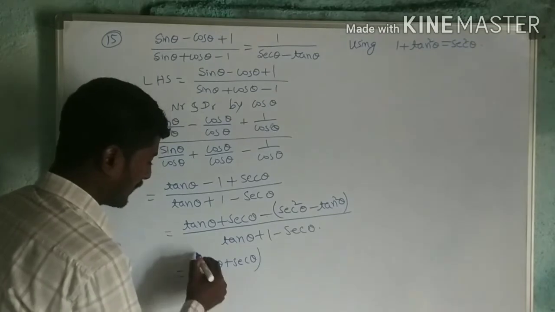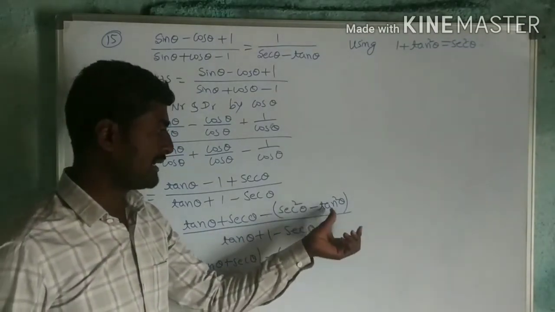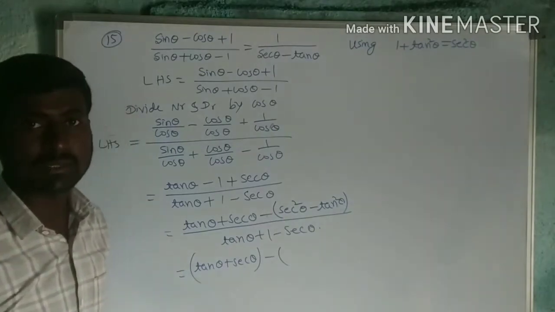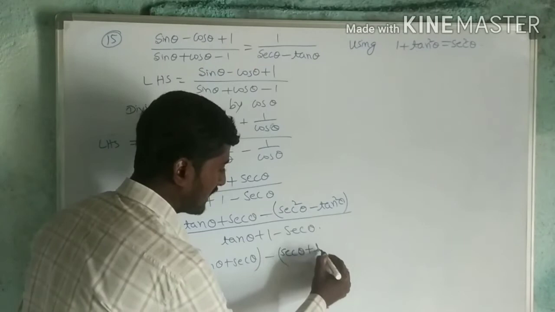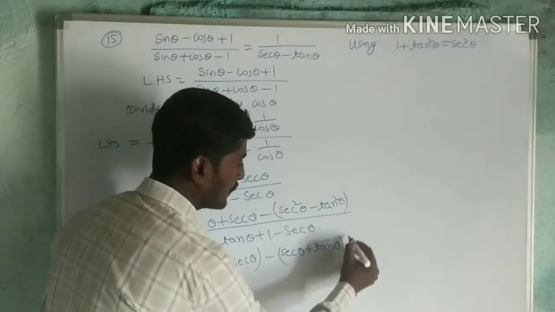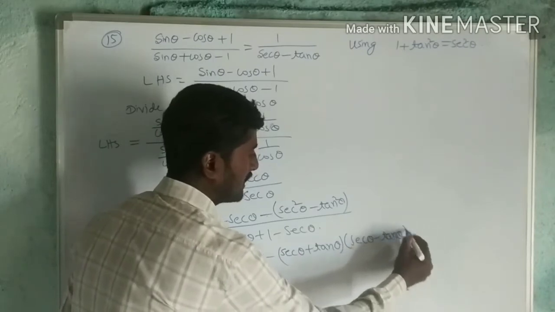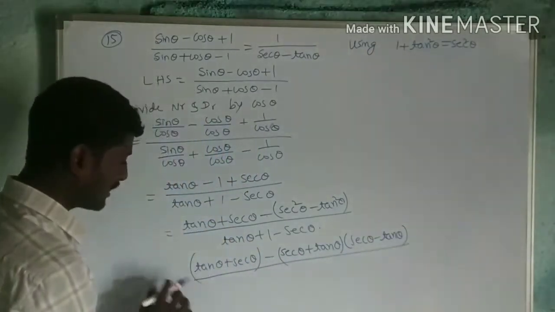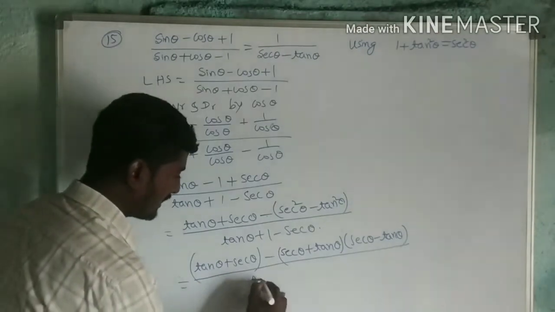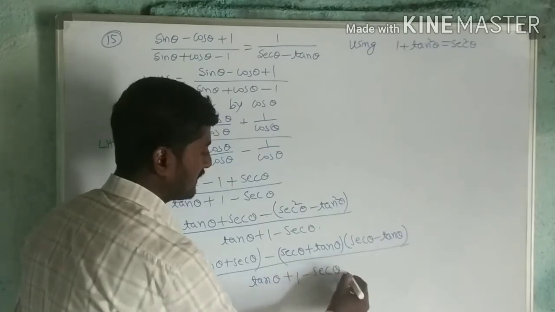Now for this I'll put bracket minus. Now this is of the form a square minus b square formula, that is a plus b into a minus b. That is (sec theta plus tan theta) into (sec theta minus tan theta), a plus b into a minus b, whole divided by, keeping the denominator as it is, tan theta plus 1 minus sec theta.